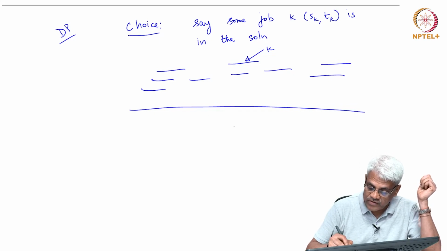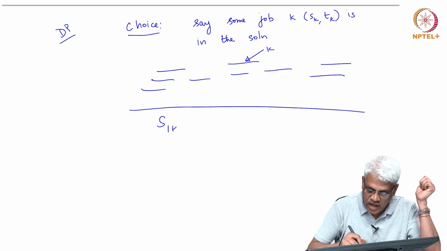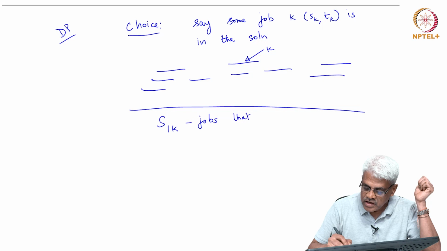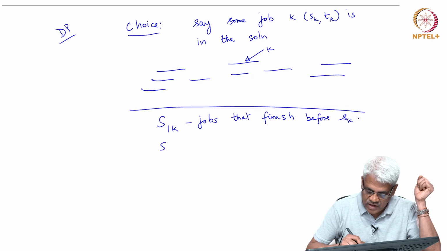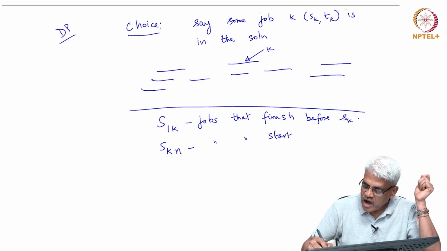So I have this, let's call S1 to k the jobs that finish before Sk, and let's say Sk to n are the jobs that start after Tk.